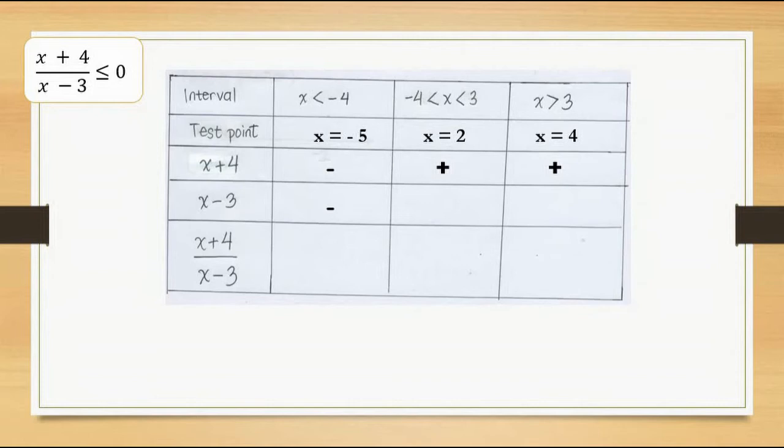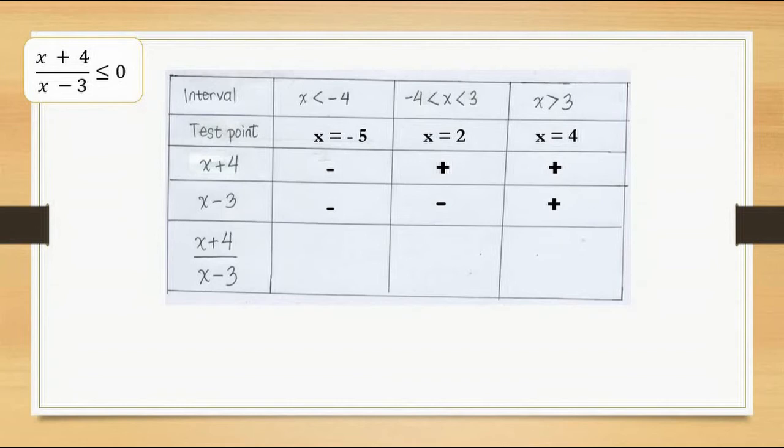We substitute that into x - 3. So 2 - 3 is -1, so we put a negative sign there. When x = 4, we substitute that into x - 3. So 4 - 3 is +1. So we put a positive sign there.